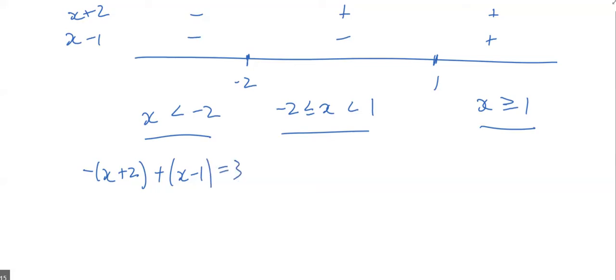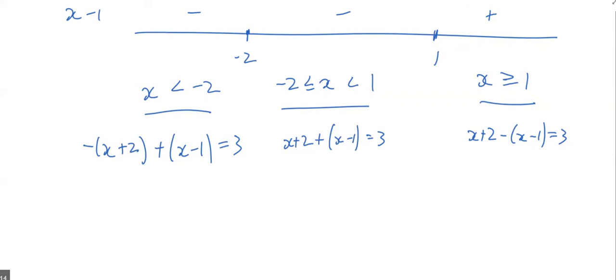For this one, it's x plus 2 plus x minus 1 equals 3. And this one's x plus 2 minus x minus 1 equals 3. So this is negative x minus 2 plus x minus 1 equals 3.